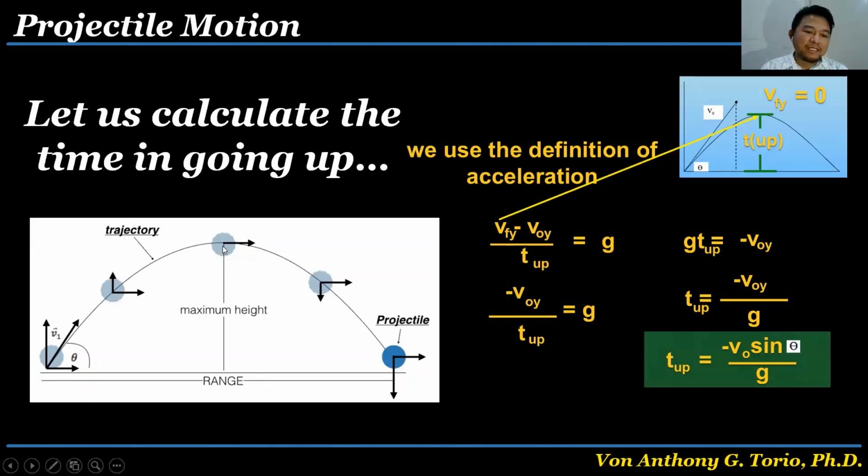And since the time in going up that we are to consider involves y, there are a lot of quantities that we can consider along y. That explains why we will be more interested in considering y values rather than the x values. So we consider v1y or v naught y, the initial velocity component along y, and that is v naught sine theta.